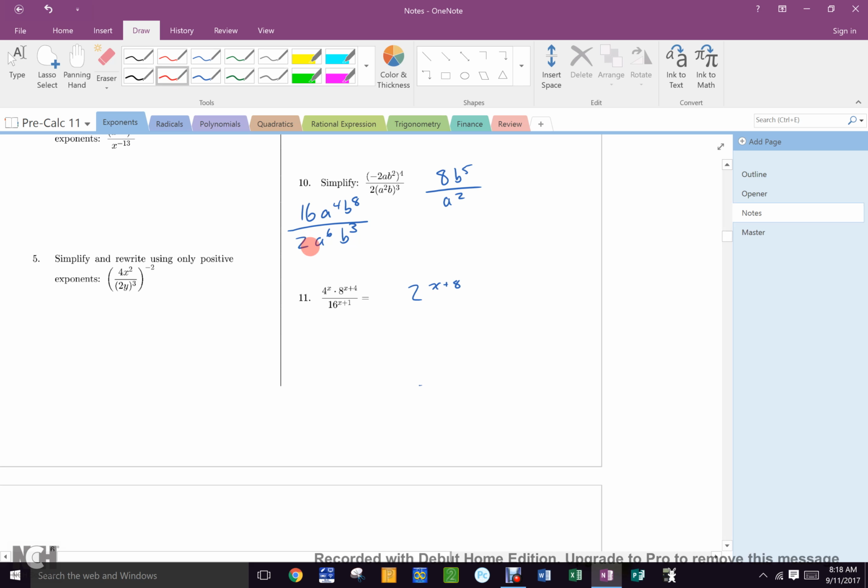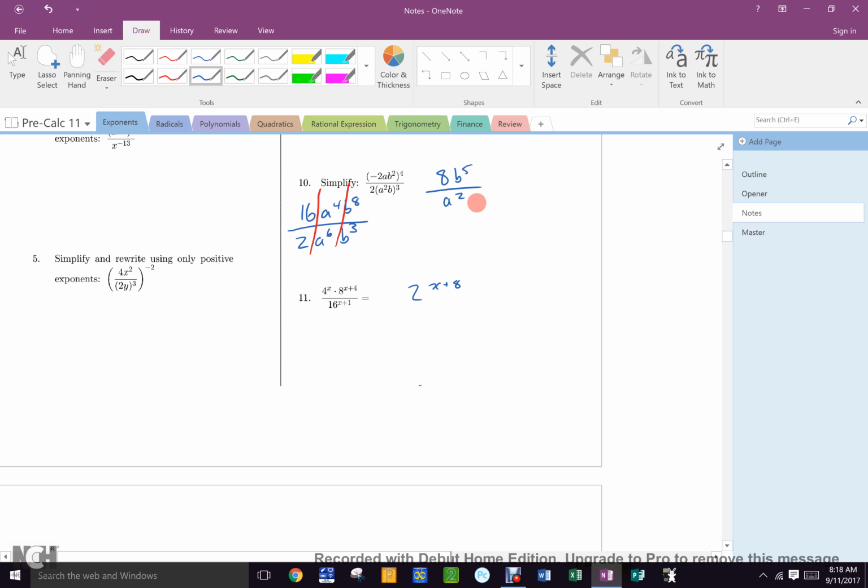Then I like to split them up like this. So 16 divided by 2, there's my 8. 4 minus 6 is negative 2, right? So the A's would have been negative 2, and 8 minus 3 would have been B to the positive 5. Sorry, I've crammed that together there. Let me just move that.